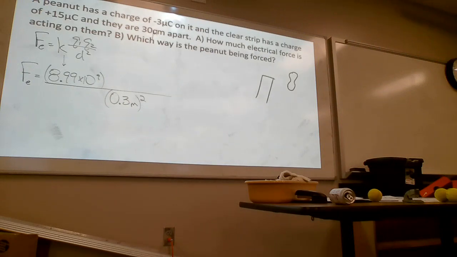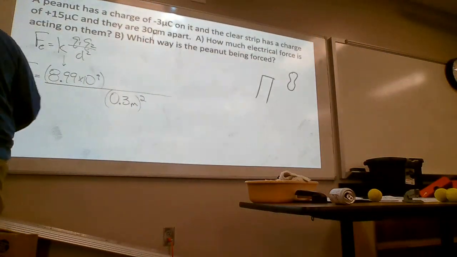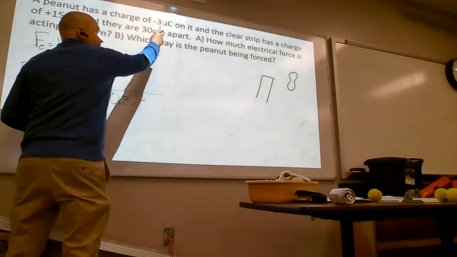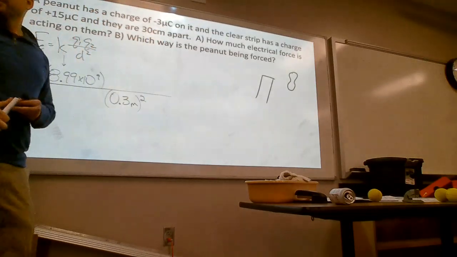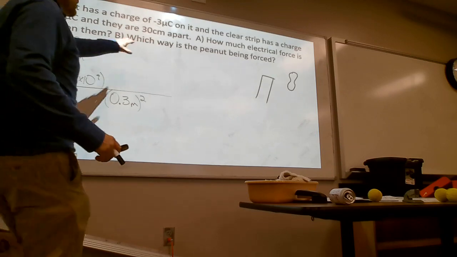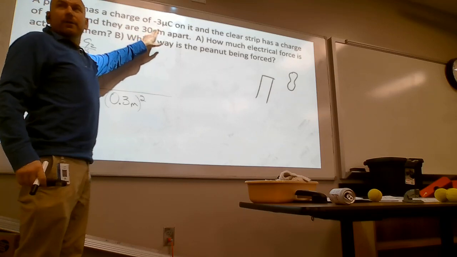Instead of dividing by 100, I would need to divide by 1,000,000. I have the same issue with this. I've been given microcoulombs. I need to convert to coulombs, just like if I was given centimeters, I need to convert to meters.